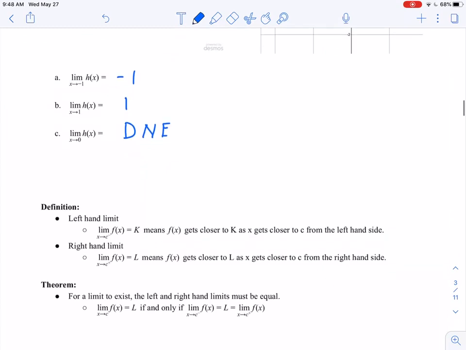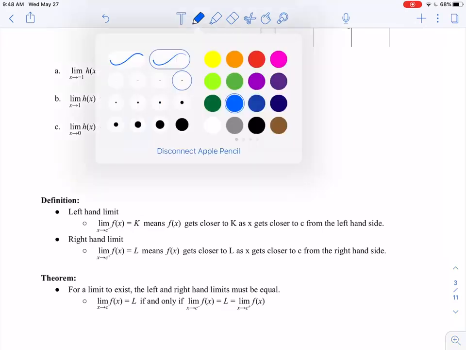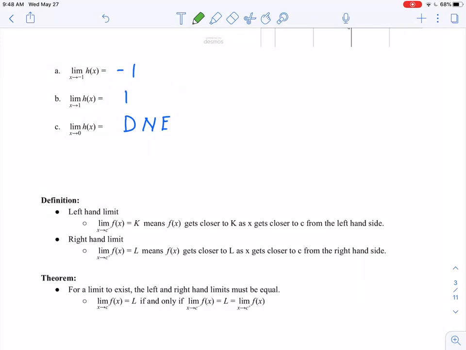So here, we're going to talk about left and right-hand limits, or sometimes these are called one-sided limits. So let's talk about the left-hand limit first. Left-hand limit says limit as x approaches c from the left. So this little minus sign is really all you have to know to tell you that, hey, we're looking at the limit from the left-hand side.